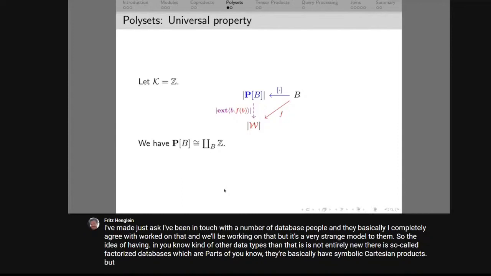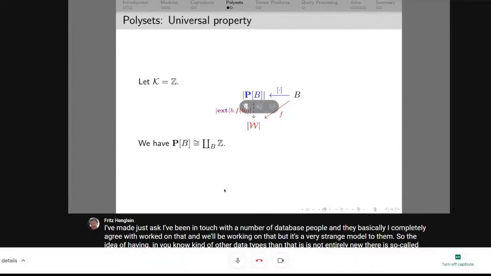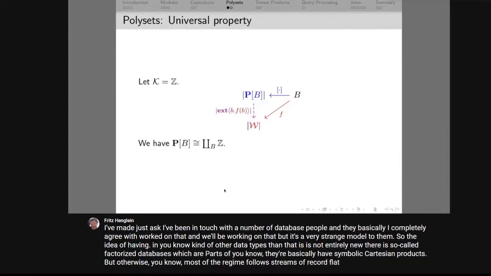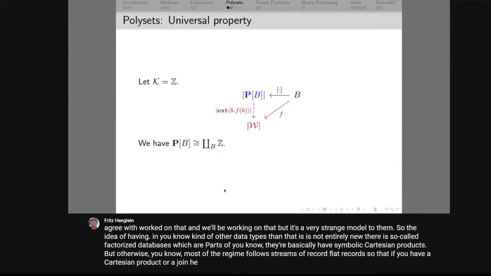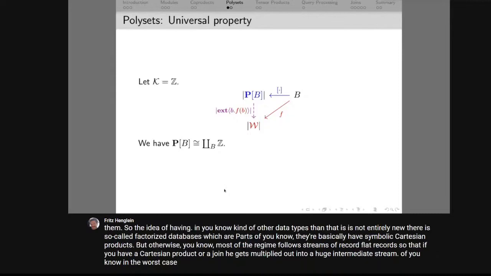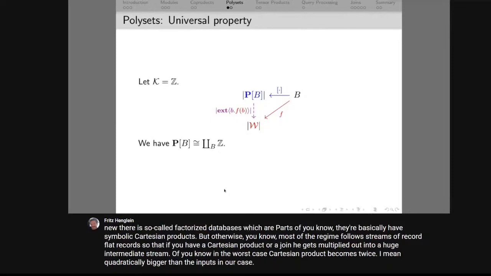But otherwise, most of the regime follows streams of flat records, so that a Cartesian product or a join gets multiplied out into a huge intermediate stream. In the worst case, the Cartesian product becomes quadratically bigger than the input. In our case, it's just as big as the input, it's just a pair.